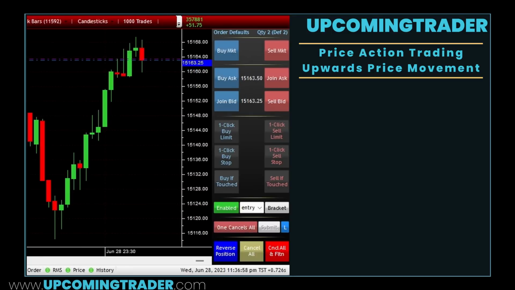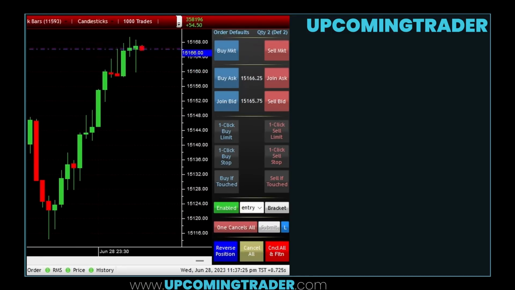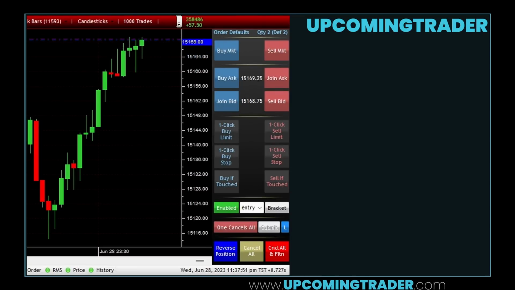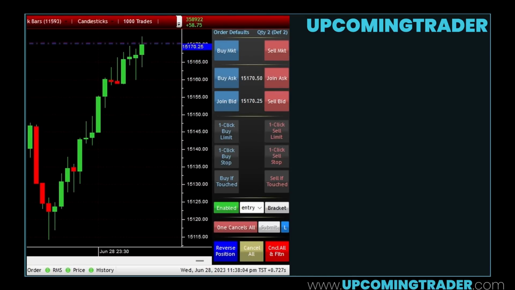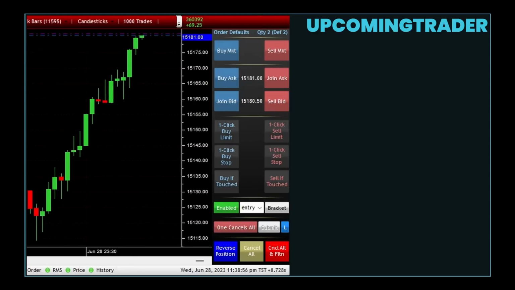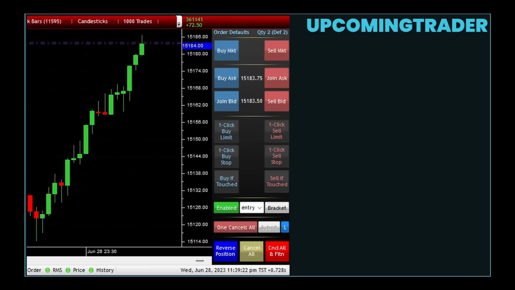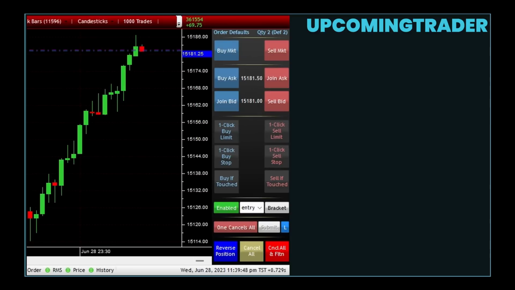Upwards price movement in the price action occurs when the demand for contracts from buyers outweighs the supply of contracts from sellers. It's also important to remember that these are aggressive buyers versus passive sellers. More specifically, aggressive buyers are market participants who are willing to pay a premium or a higher price to acquire the Nasdaq E-mini futures contracts immediately, rather than waiting.